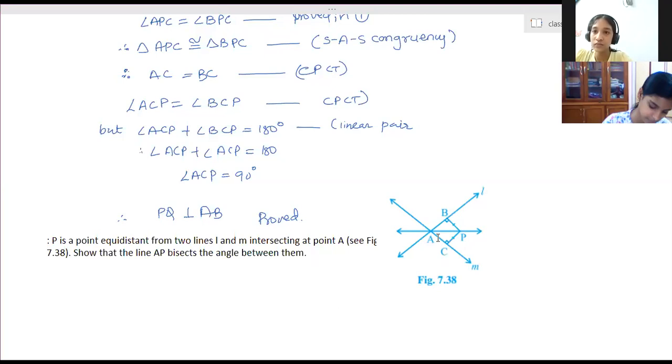Ma'am, angles on... It is BP and CP, they are sides. They are not angles. Why are BP and CP equal?